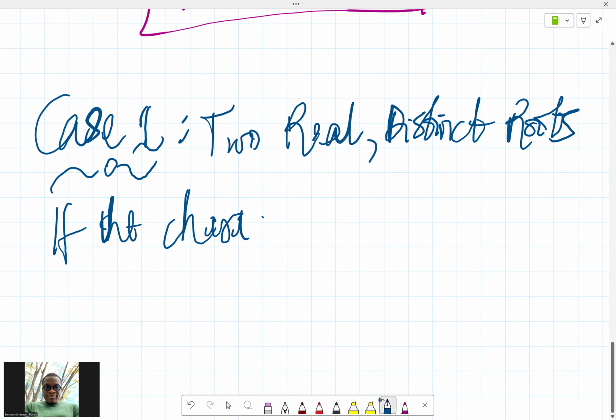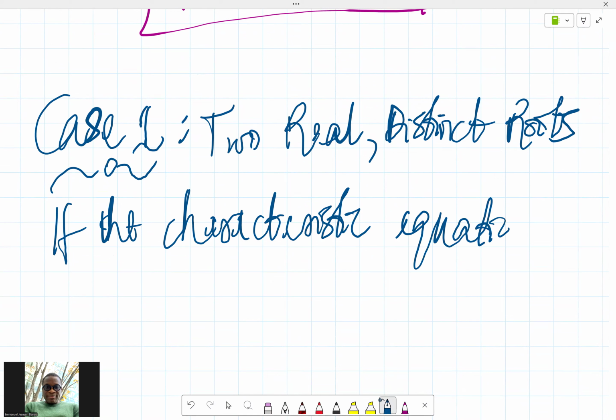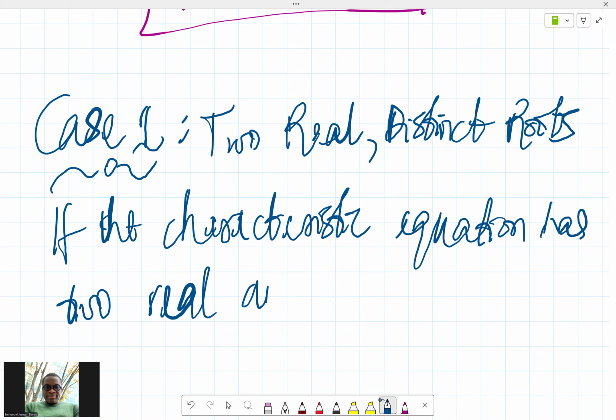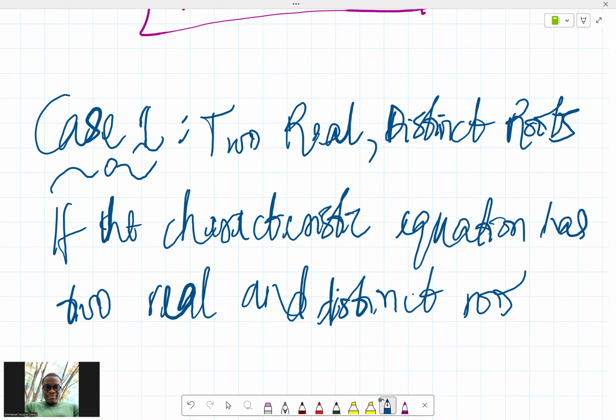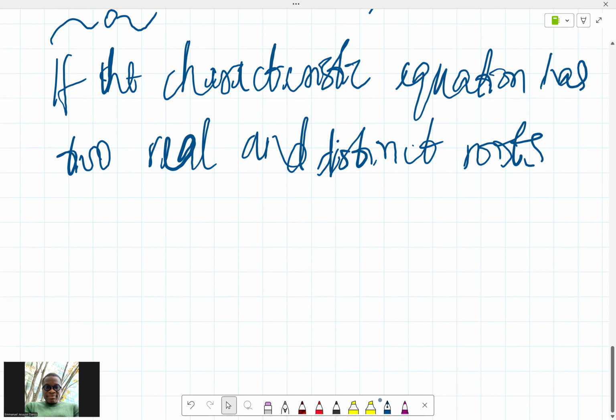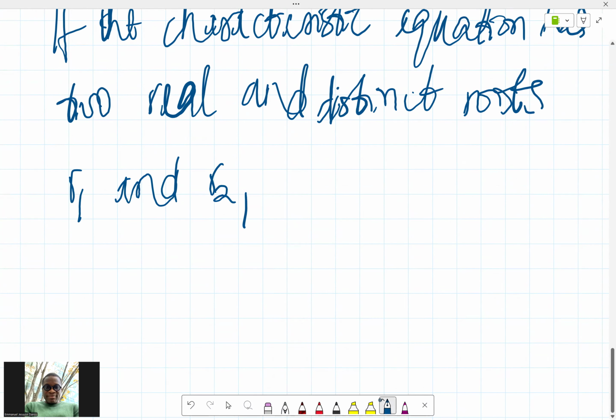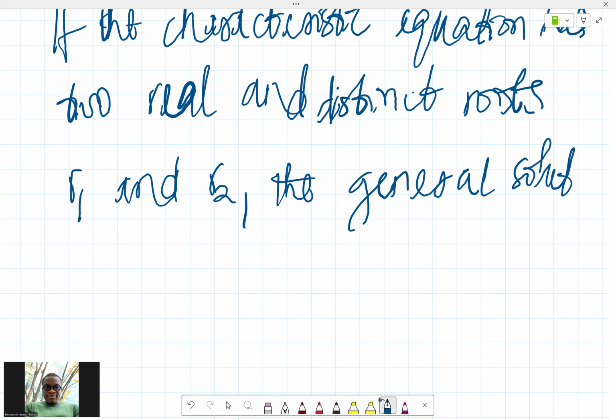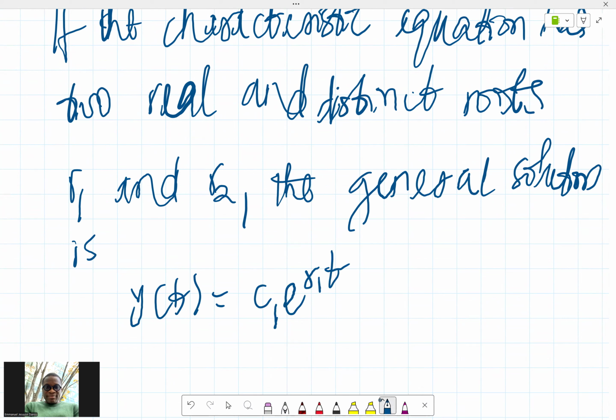If the characteristic equation has two real and distinct roots r1 and r2, the general solution is y of t equals c1 e raised to power r1t plus c2 e raised to power r2t.